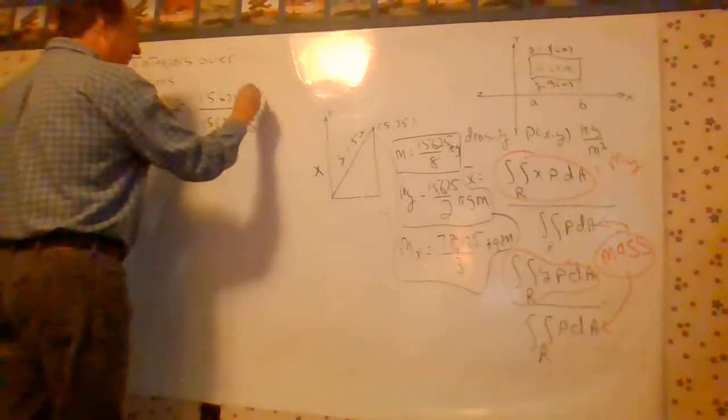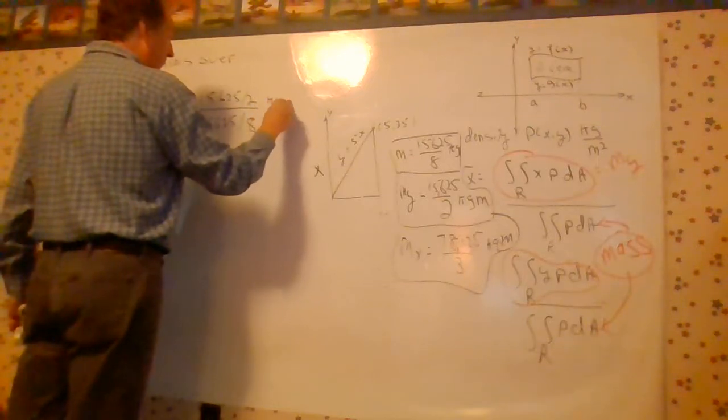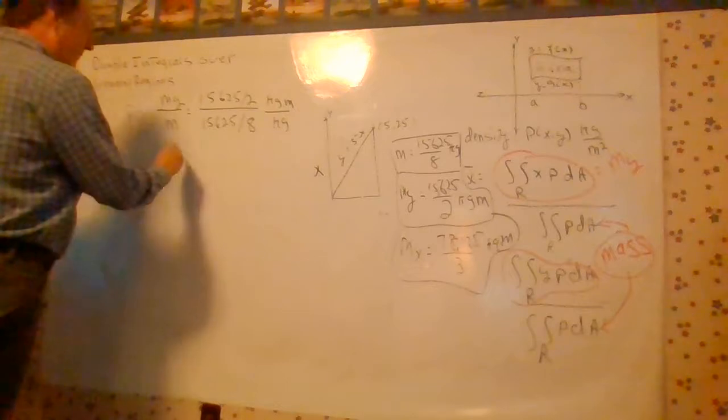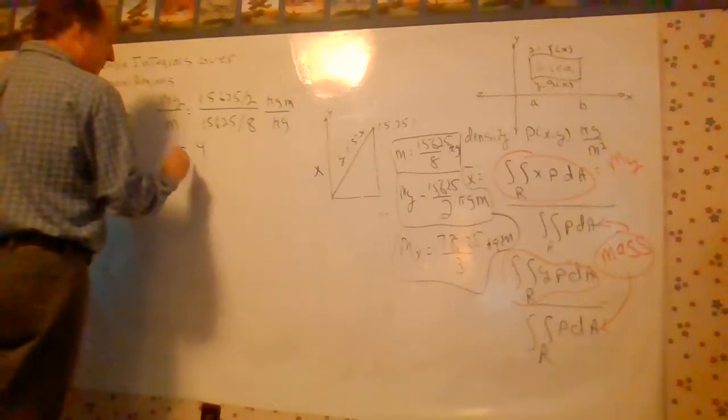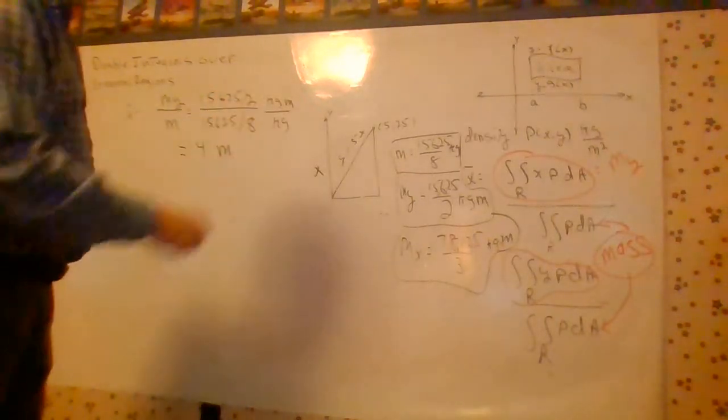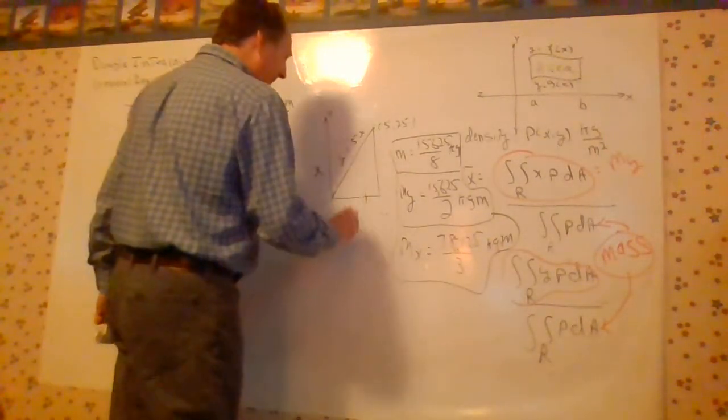And now the units here, these are kilogram meters over kilograms. And so we get 4 meters, we assumed this was meters. It's right here.